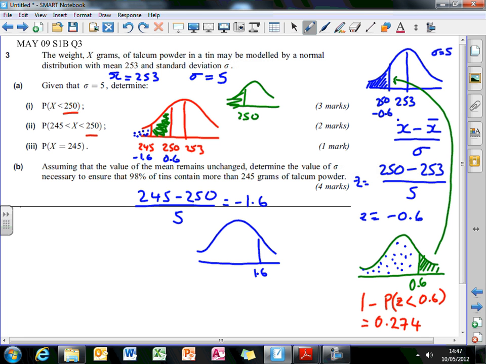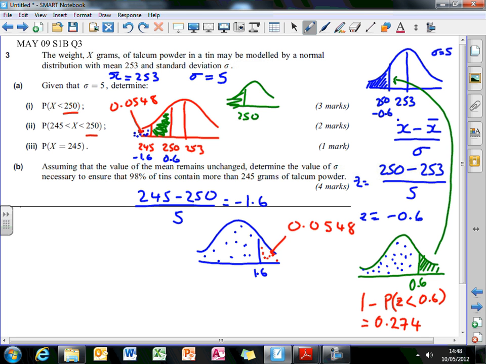Now, if I look at 1.6, I get 0.94520, but that's actually this, and I don't want this. I want this one. So I need to do 1 minus 0.94520 for this one here, which gives you 0.0548.